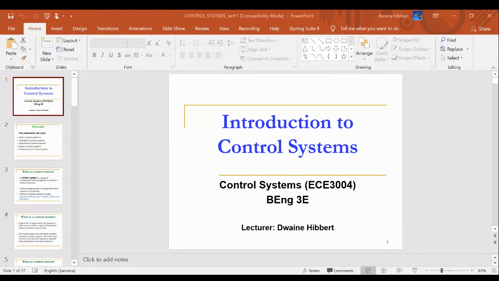So, a question could be asked, what is a control system? The simplest definition that I could present would be this one. All right, so a control system is a group of components working together to provide a desired response.